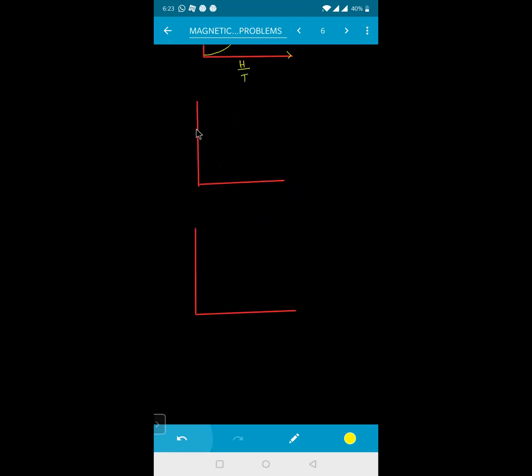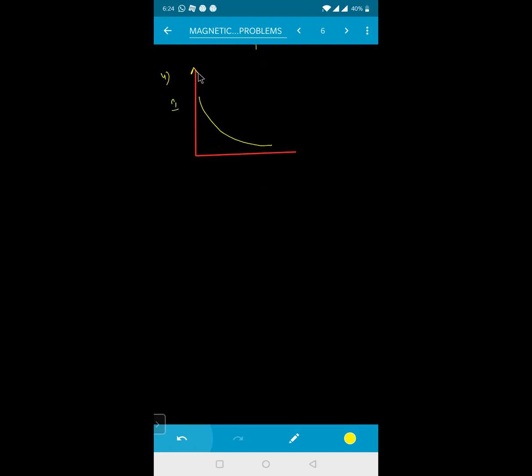The third one is I versus H by T; it goes like a straight line, then it becomes like this. And the fourth one is something like this, I versus H by T.